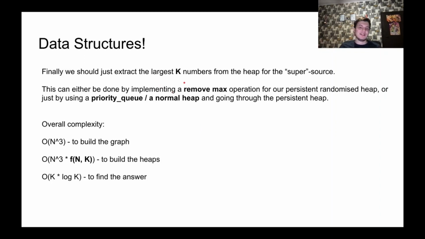It's a good thing to know that you can solve the k largest or k smallest paths for a directed acyclic graph with a randomized heap, which is persistent also. But that's pretty much it.